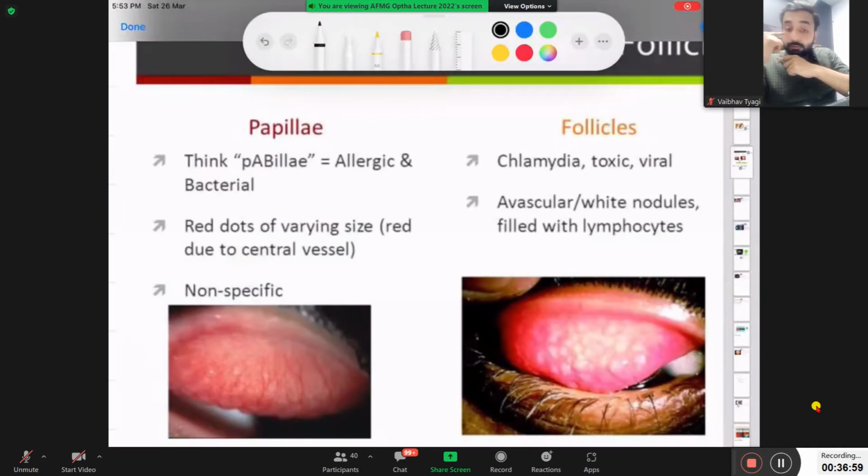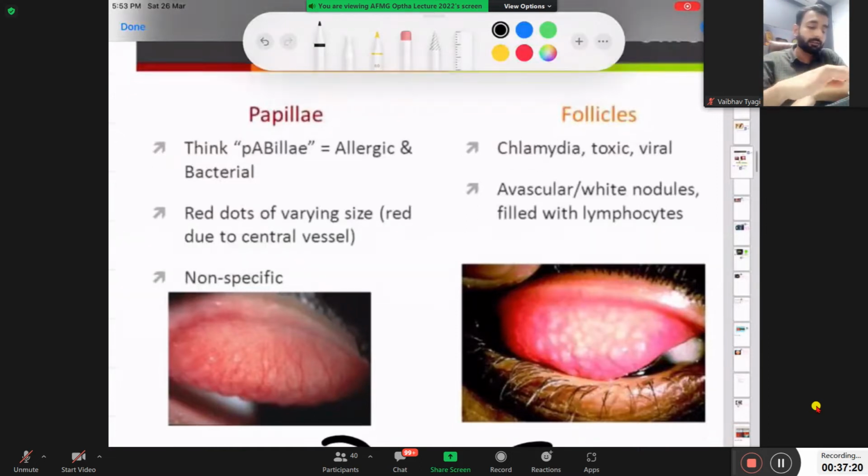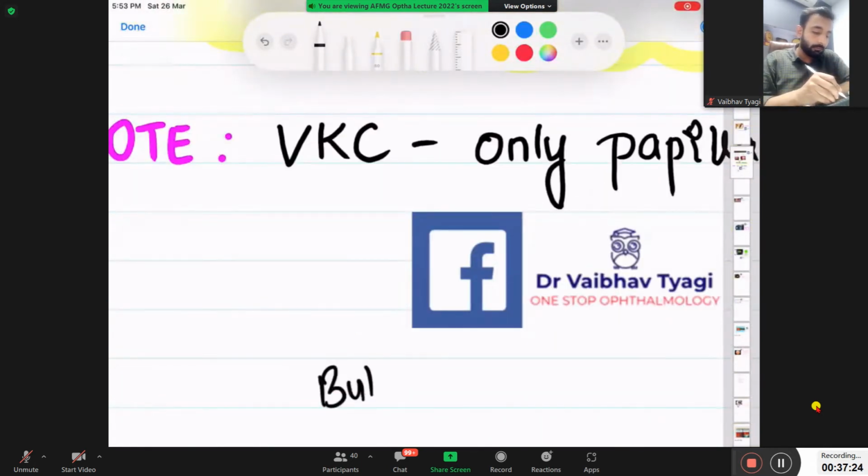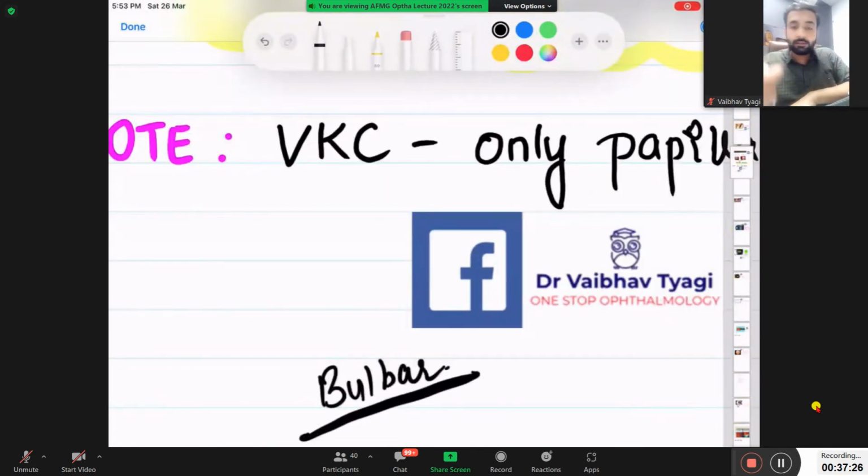This white sclera is covered with a thin membrane called the conjunctiva. This thin conjunctiva is called the bulbar conjunctiva, the conjunctiva you see in front over the sclera.